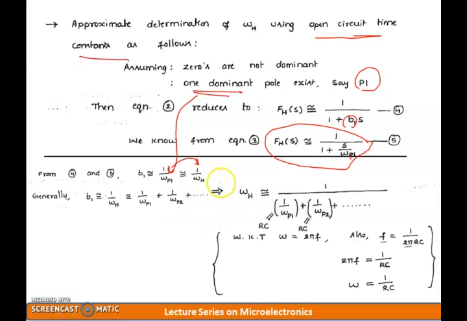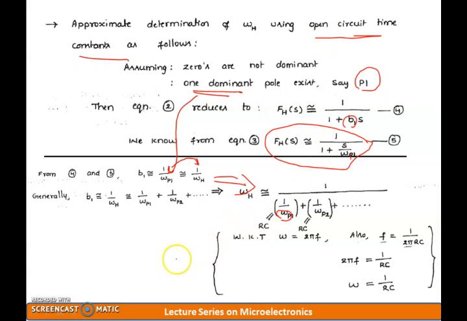Now if I correlate the formula of b1 with respect to omega h, I can rewrite the entire structure like this. Omega h can be written as 1 divided by 1 by omega p1 plus 1 by omega p2, and so on and so forth. Now this omega p1 or omega p2 is nothing but your RC time constant, which is obtained using the open circuit method.